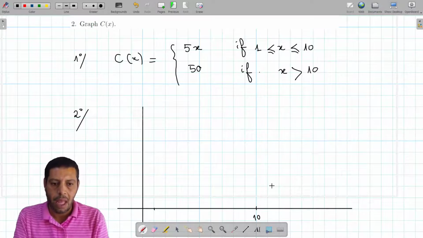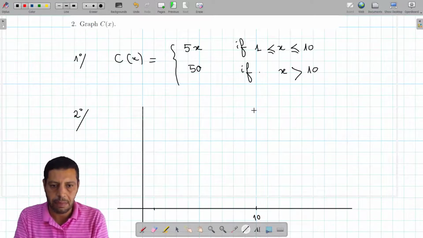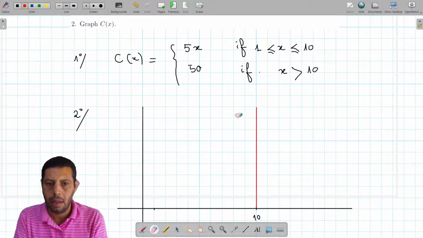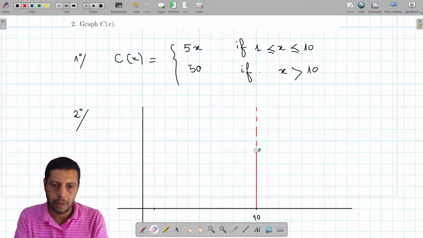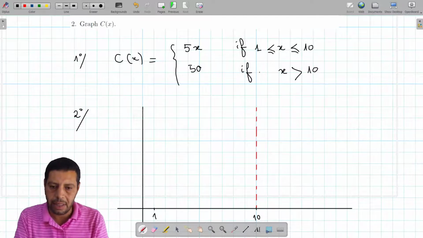We have two different intervals. Let's separate them with a dashed line. You're going to work on the first interval, which is 1 to 10, and then for x greater than 10.